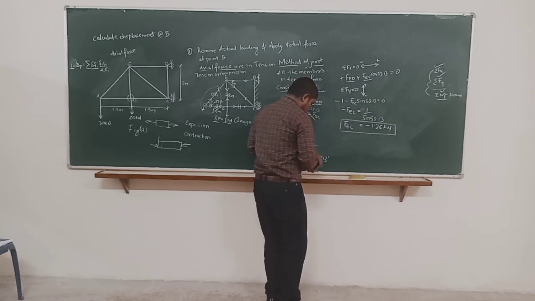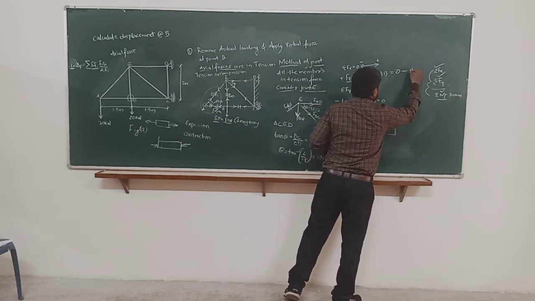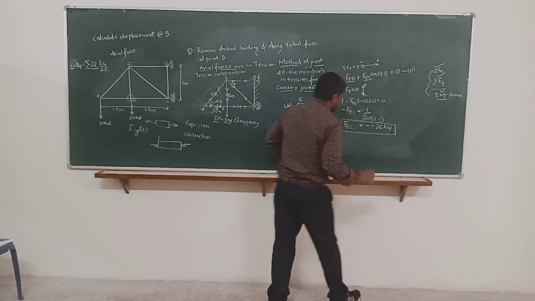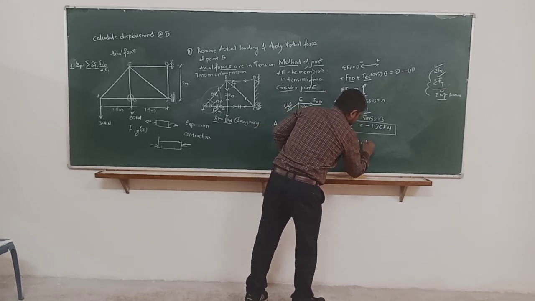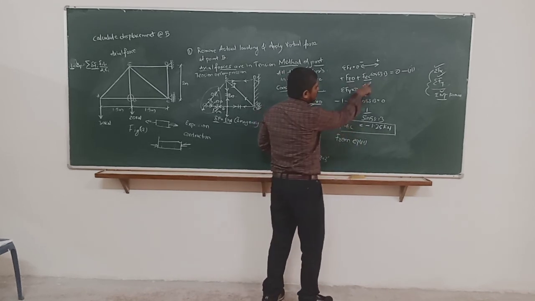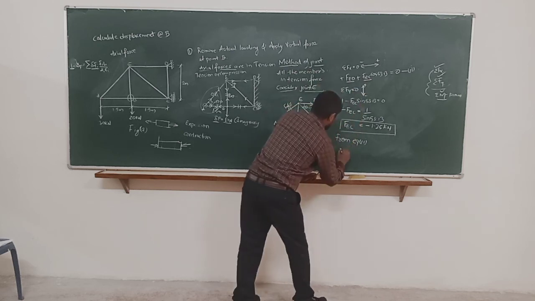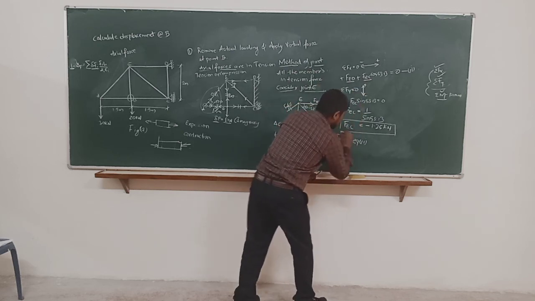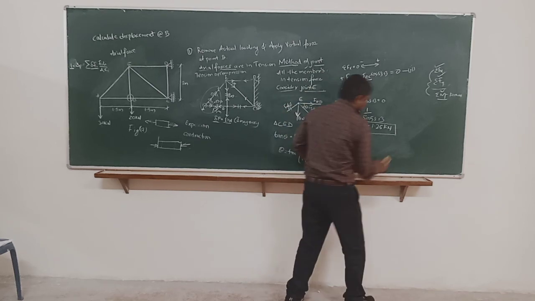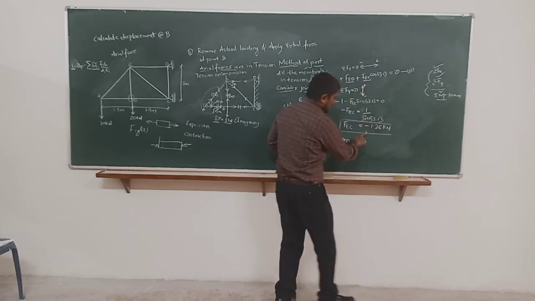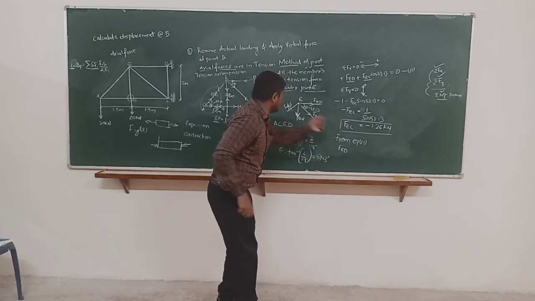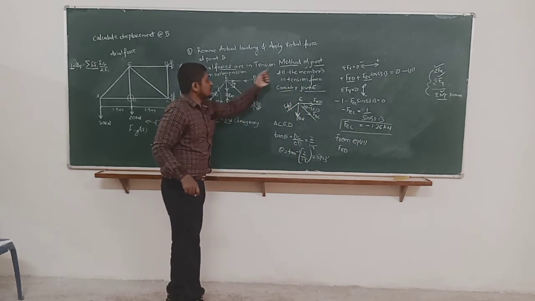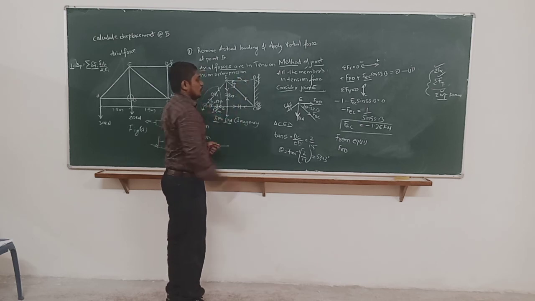Now take this as equation number 2, already we have used equation 1. From equation 2, this answer you have got now, you just put it in this equation. Now see, it is coming minus. It means the assumption which I made for EC initially as tension force is wrong.